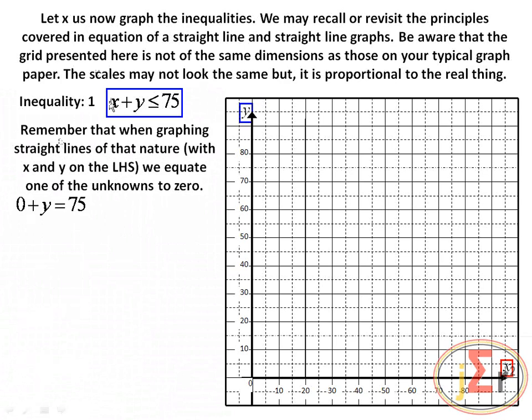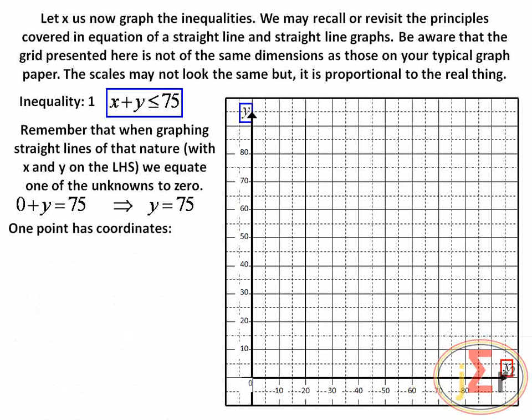So if we have x plus y is less than or equal to 75, that is going to be related to the line x plus y is equal to 75. If x is equal to 0 and the sum of them is 75, then y must be equal to 75.